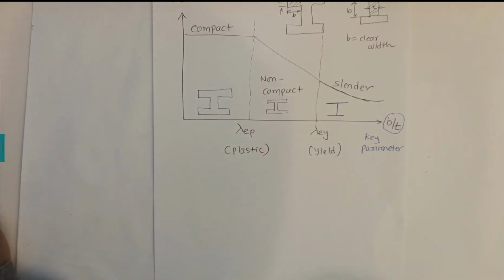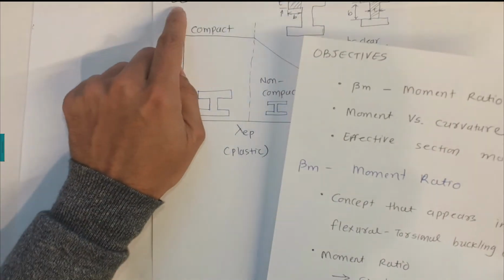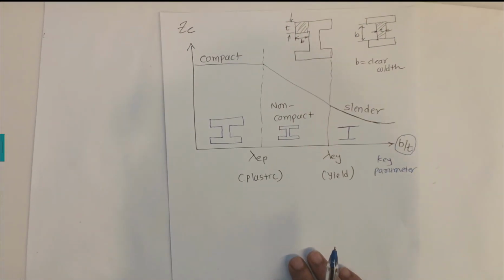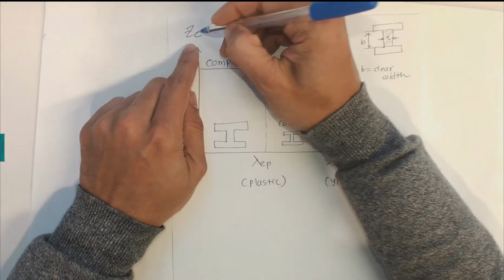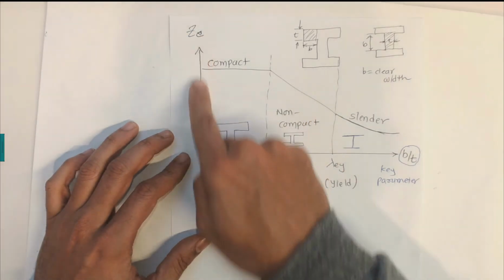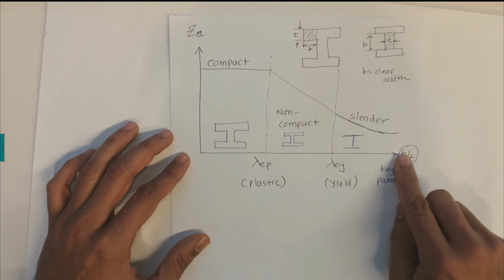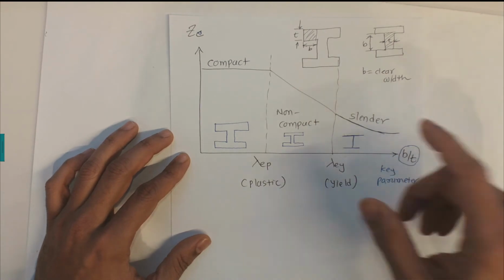Now the last one we want to look at is the effective section modulus, represented by Ze. The way the effective section modulus is presented here is in terms of b over t. b is the clear width and t is the thickness of the plate.